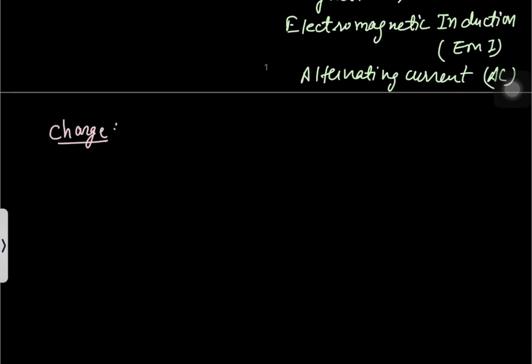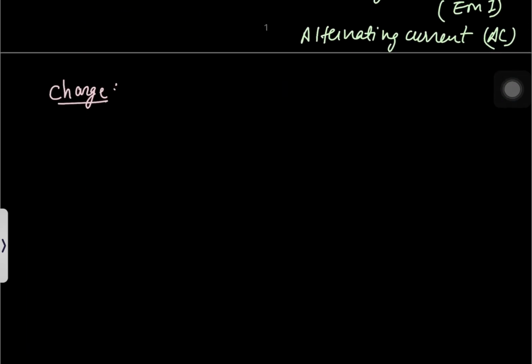So now let us begin, what exactly is a charge. First of all, we need to understand charge, or most probably I would say electric charge, because we are going to align charge with respect to the electrostatics. So what is charge?